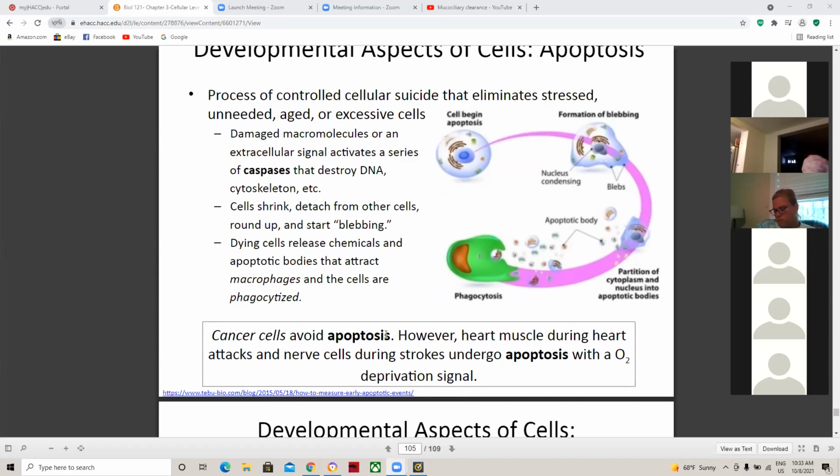However, heart muscle during heart attacks or nerve cells during strokes undergo apoptosis due to the oxygen deprivation signal. If you remember, one of the things that starts autolysis with lysosomes is an oxygen deprivation signal. So hypoxia, another word for oxygen deprivation, will start a process of apoptosis.